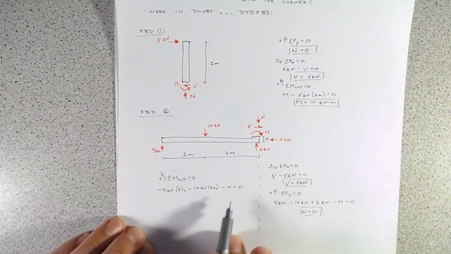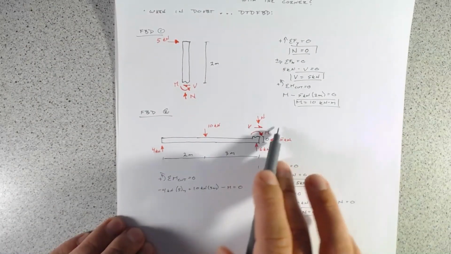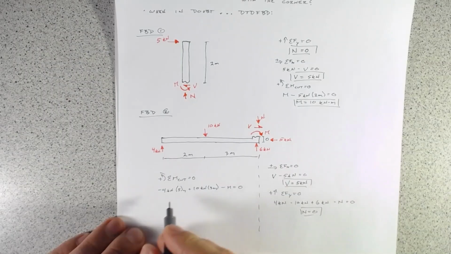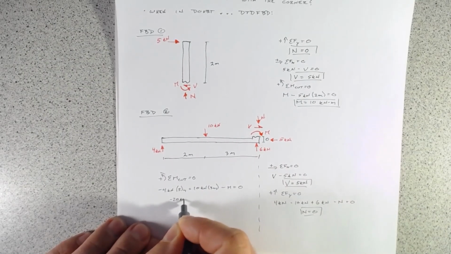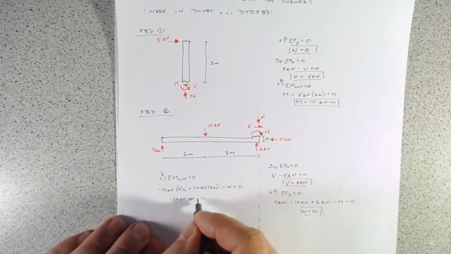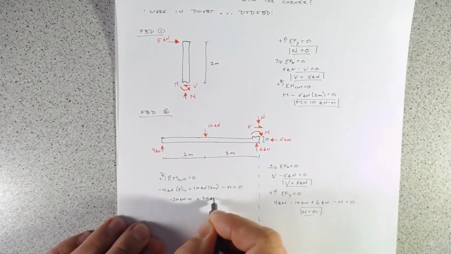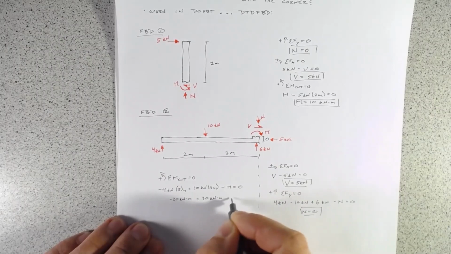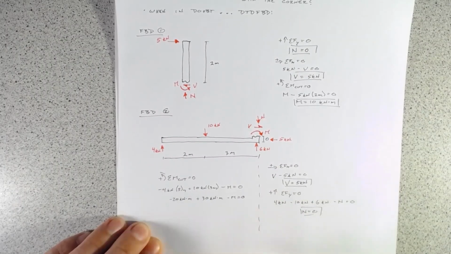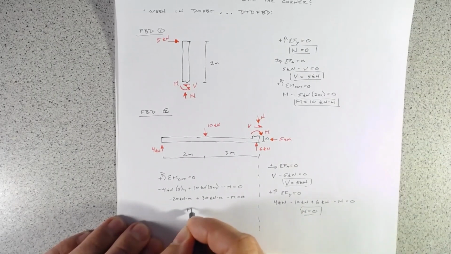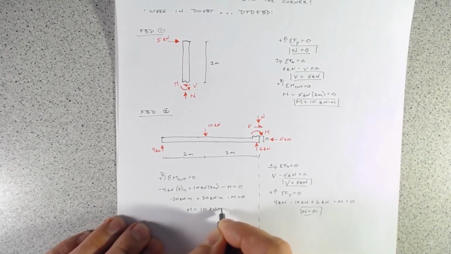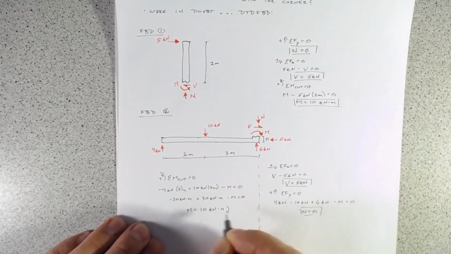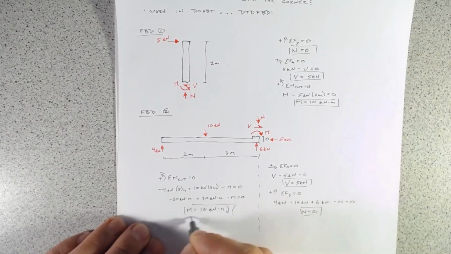With that M there, all of these other forces have no perpendicular distance, so we get minus 20 kilonewton meters plus 30 kilonewton meters minus M equals 0, and we get M equals 10 kilonewton meters, and we've guessed the direction correctly.